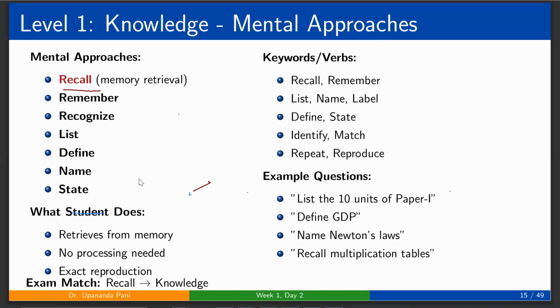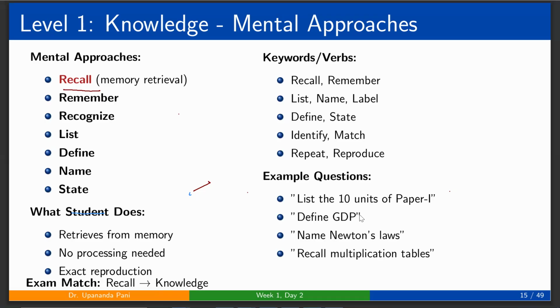So in the exam, when a particular concept is asked, you simply recall. What are the different keywords over here? Recall, remember, give the list or name of a particular event or formula, label, define, state, identify, match, repeat, reproduce.